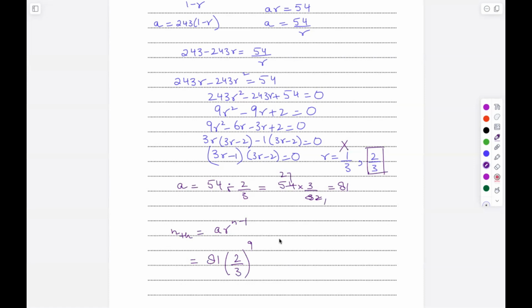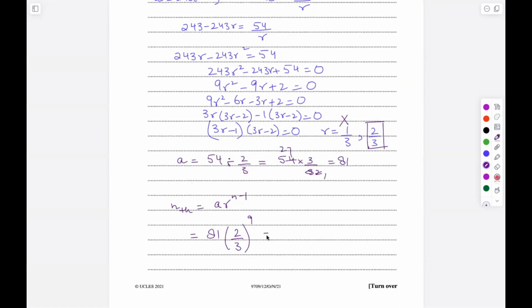Writing 2 upon 3 to the power 9 in brackets, this will become 512 upon 19683. So multiplying this by 81, we will get 512 upon 243. So the 10th term will be 512 upon 243.